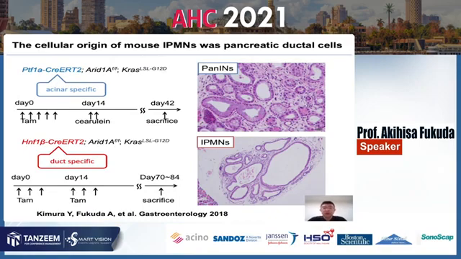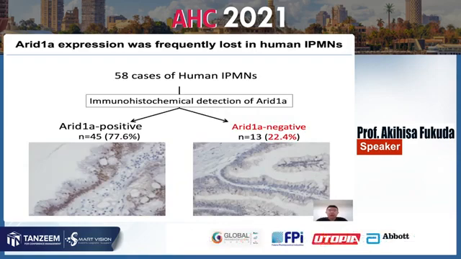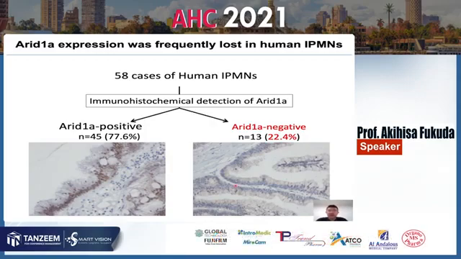Regarding the cellular origin, similar to the BRG1 knockout mice, IPMN was derived from pancreatic ductal cells, but not acinar cells, in ARID1A knockout mice. Consistent with the mouse data, ARID1A expression was frequently lost in human IPMNs, as shown here by immunostaining.